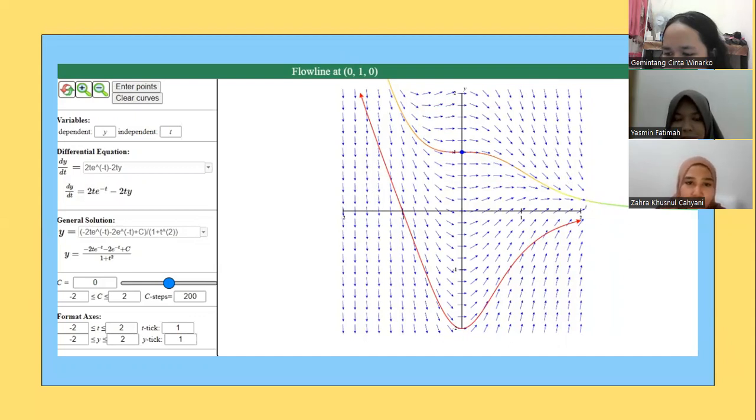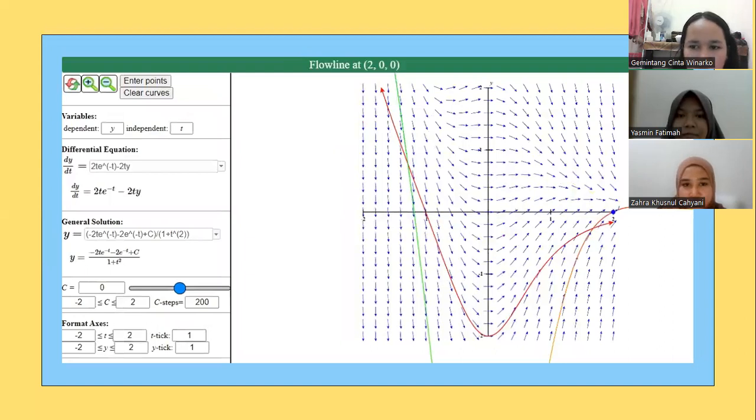This is the point of 0, 1, 0, and then the result of this point is 0, so the direction field will look like this. And then for the next slide, here is another example of another point.